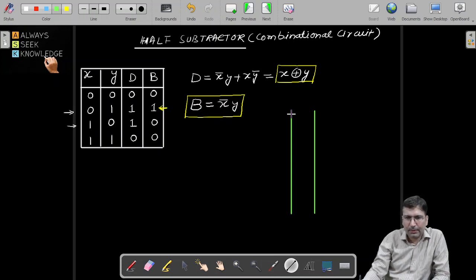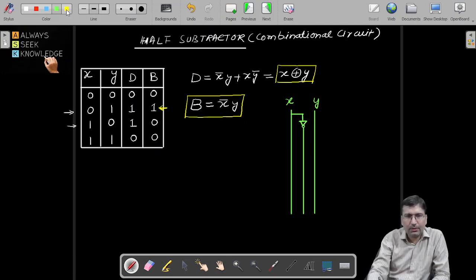If we want the complement of these, then we can take a NOT gate here, which can give us the complement of the first input. If we want the complement of another, we can go for that, right? So this is x and this is y, and this will give us x bar.